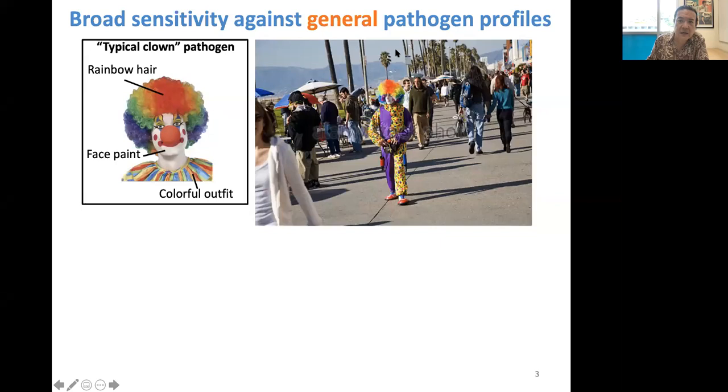Okay, do you see it now? Now it should be broad sensitivity against general pathogen profiles. It's still black. Oh, I can see it now. It's working now. Now I suddenly see it. It appeared, right? So there's something weird going on, because even though I started it and you guys said it was still black, I didn't do anything else, and then all of a sudden it appears on your end.